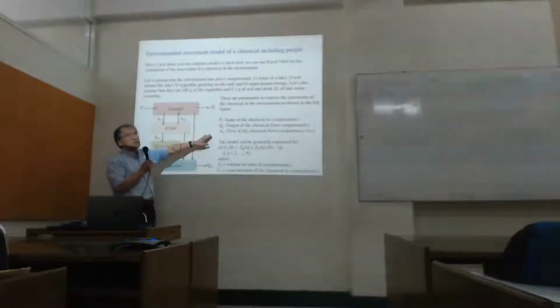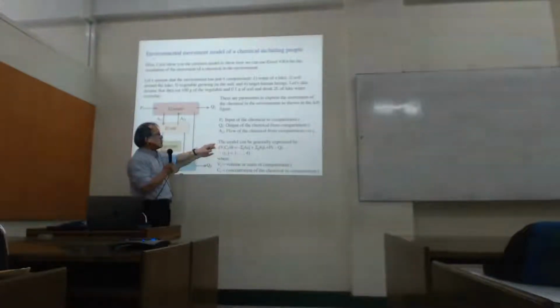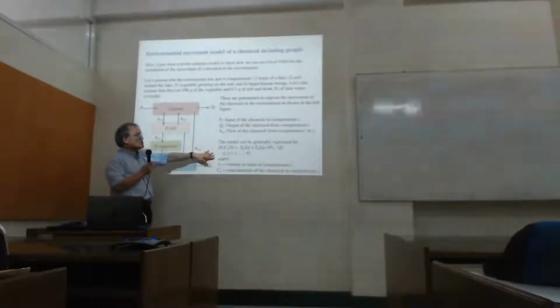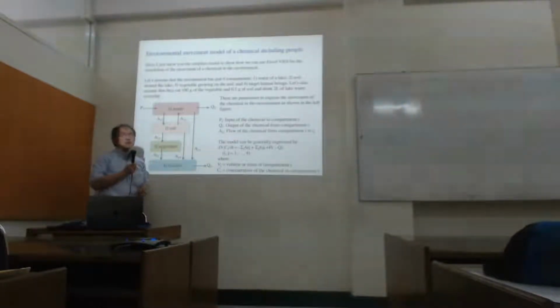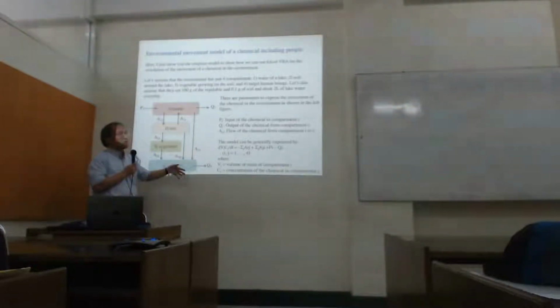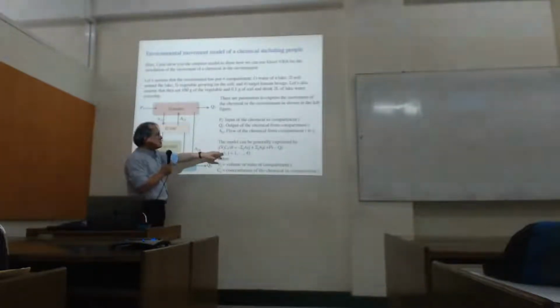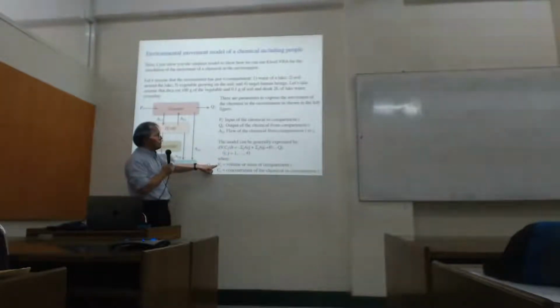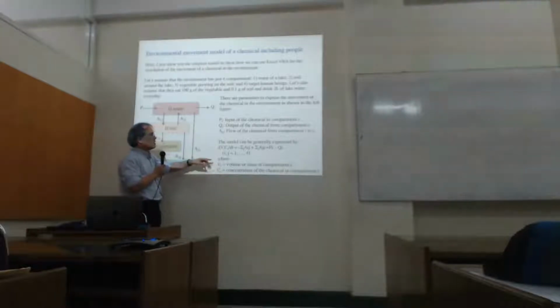So if you assume these parameters, the model can be generally expressed by this differential equation. Actually, this is a simultaneous differential equation. Vi is the volume or mass of compartment i.